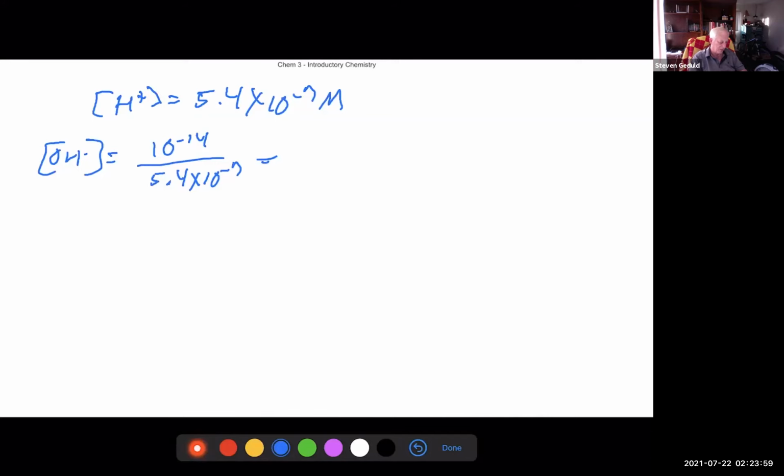So for the OH value, you hit 1 EE 14, change sign to negative, and divide by 5.4 EE, change it to negative 7, equals 1.85, that's a 5, times 10 to the negative, and we got our numbers, looks like 10 to the negative 8.